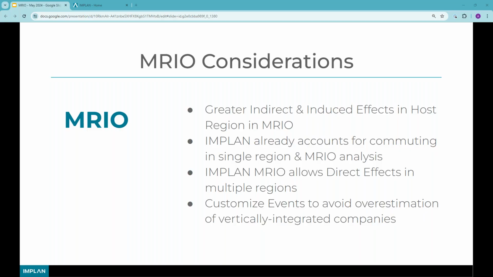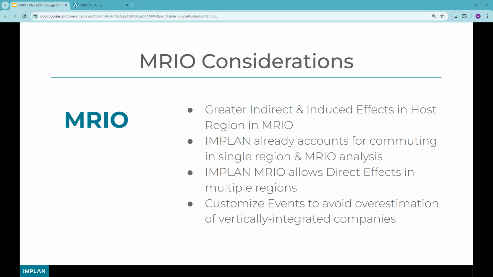A few other considerations. I've already mentioned this as well, but remember, if you're running a single region analysis and then you run the same region but link it up to another region in an MRIO analysis, your host region is always going to have some greater indirect and induced effects based on those buybacks and linkages between the regions.